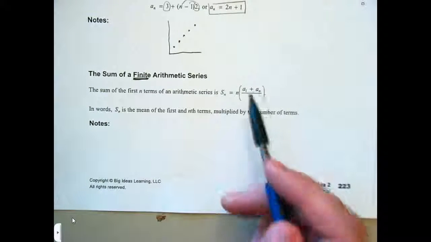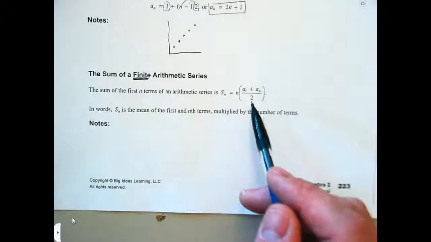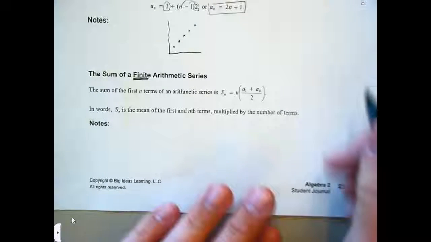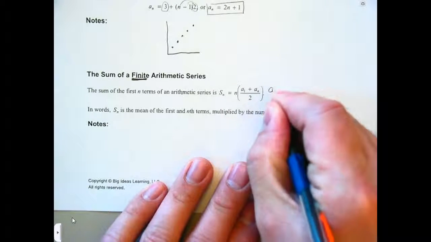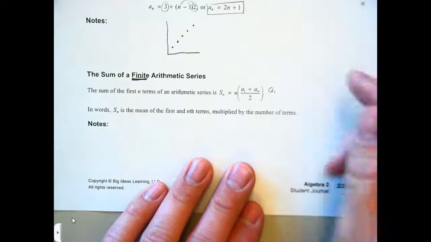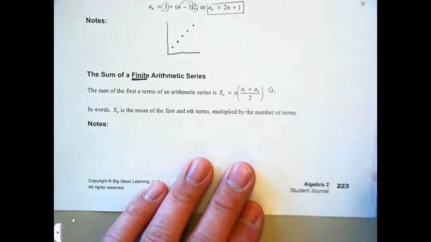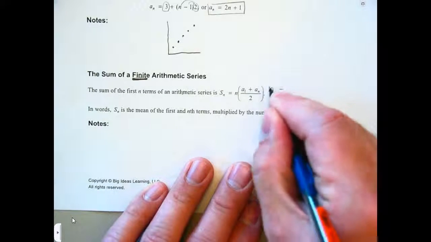So in order to figure out the sum, you would need to know a couple of things. What are the items you need to know? You need to know your first term for sure. The last term, a sub n, would help too.